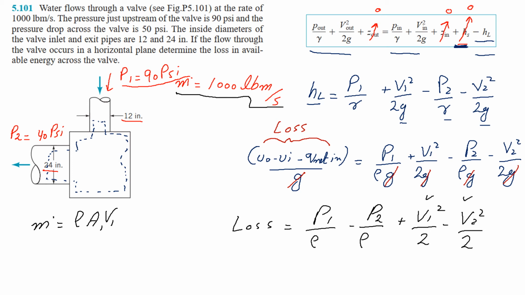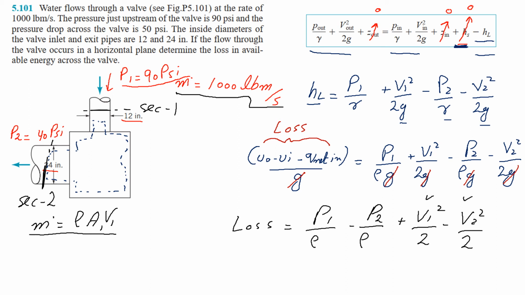This is my section 1, this is my section 2. So at section 1 I can find the velocity V1 by using this formula.